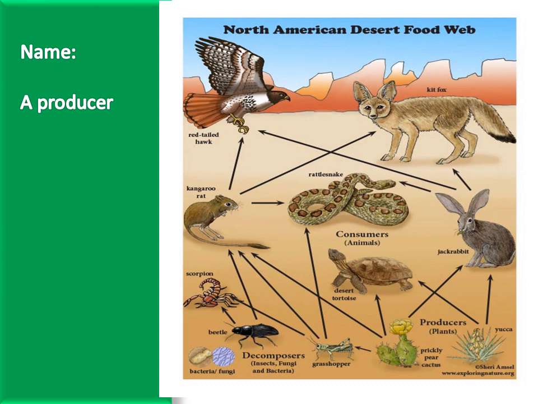Don't forget, a producer is an organism that can make its own food by the help of sunlight. I'm sure you would say the yucca or the prickly pear cactus. Both of them are kinds of cactus. Don't forget that we are in a desert food web.